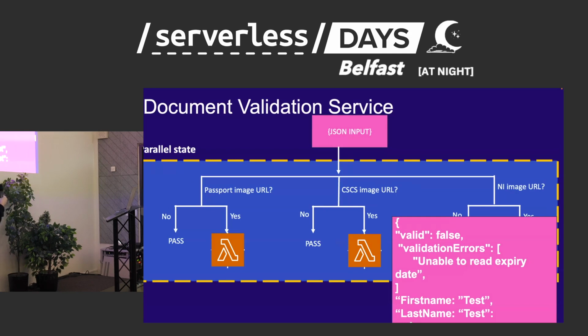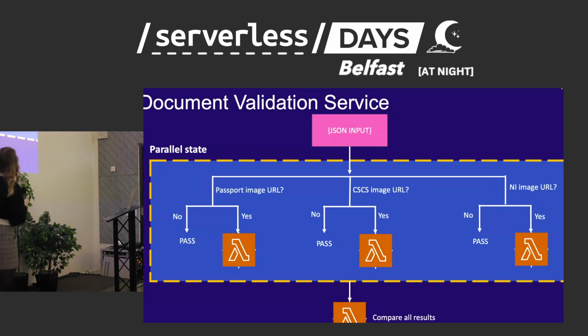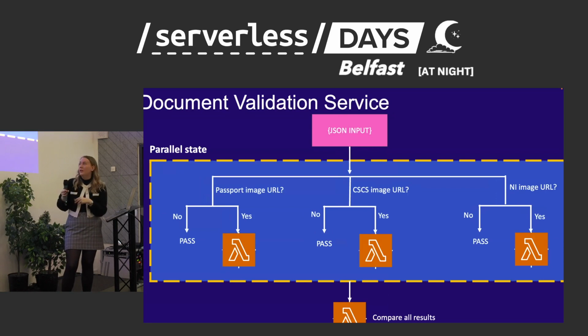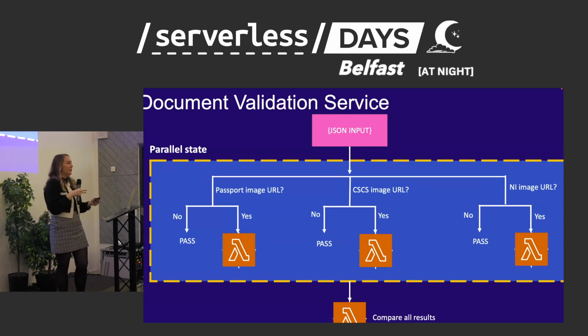Then we also return the first name and the last name from the document. So as I said, with the parallel state, it waits till everything has processed within those different branches. That might be 3 lambdas have invoked, maybe only 2 of them, maybe only 1 of them. And something cool that you can do is use a results selector to transform that data into whatever format you want it to be in.